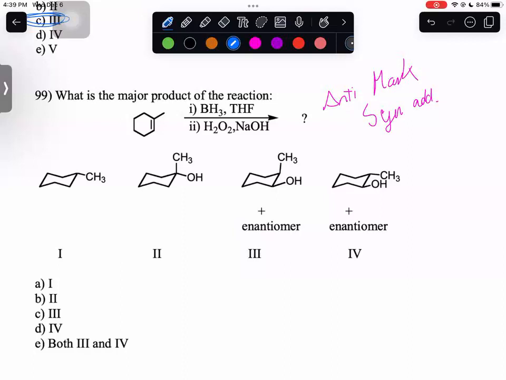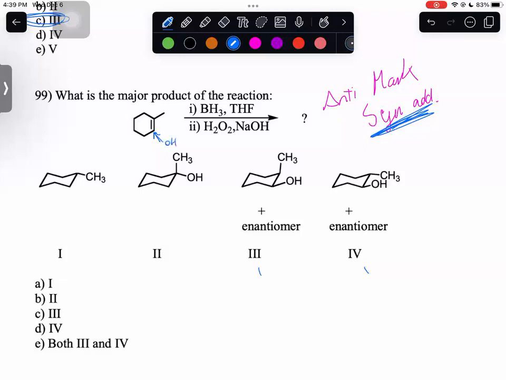Okay, anti-Markovnikov, what does it mean? That means our OH is gonna end up on the carbon that's not connected to the methyl group, which can be either 3 or 4. Now, the next requirement is the syn addition. What's syn to each other?